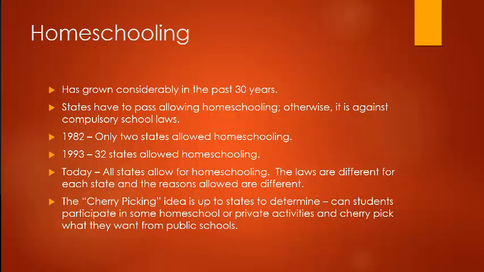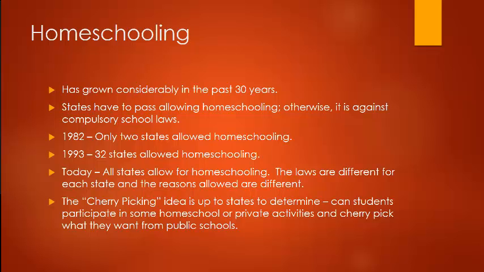Even though they allow homeschooling, they put limits on it. Some states have laws that say parents have to be certified teachers. They have to use the state-adopted textbooks and those kinds of things. And the courts have come in and interpreted those laws in different ways.